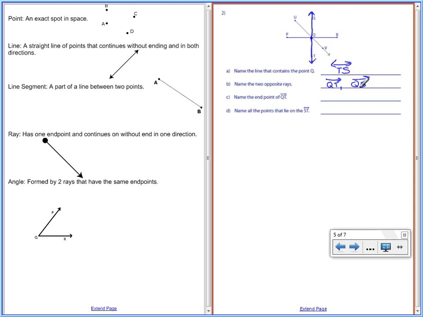Then it says name the endpoint of ray QT. Well, the endpoint would be Q. Then it says name all the points that lie on line ST. And I know this is hard to read, but this is two arrows at the end of that. So we got S, Q, and T are the points that are on that line.